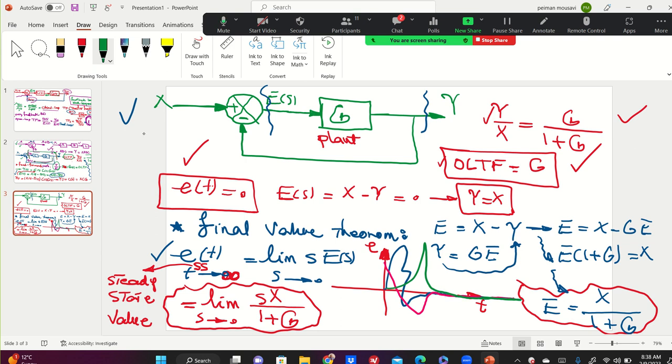So when I say steady state, it means this phase. This is steady state, the final value when time goes to infinity. This is SS, steady state.